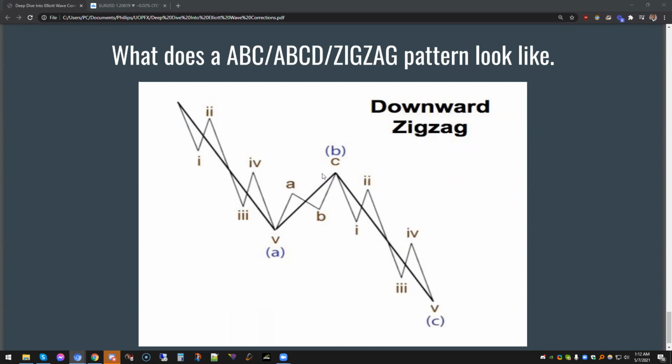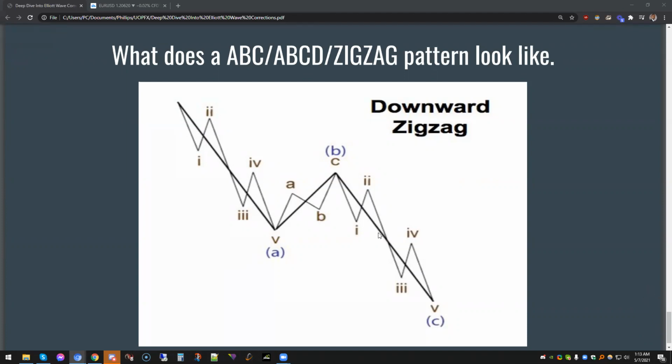The C leg, or the CD leg, in some cases is also subdivided into 5 waves. But in some cases, as I said, you could have one leg being short, either the A leg short and the C leg long, or the A leg long and the C leg short. In some cases, you could even find one of the legs being a 3-wave formation instead of a 5-wave formation.